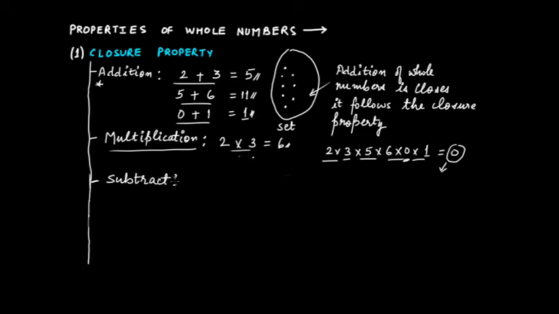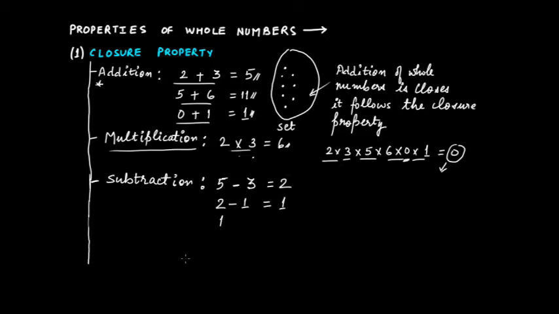Now, say you have 5 and you have 3. So if you subtract 3 from 5, what would you get? You would get 2. Suppose you have 2 and you subtract 1 from it, what would you get? You would get 1.